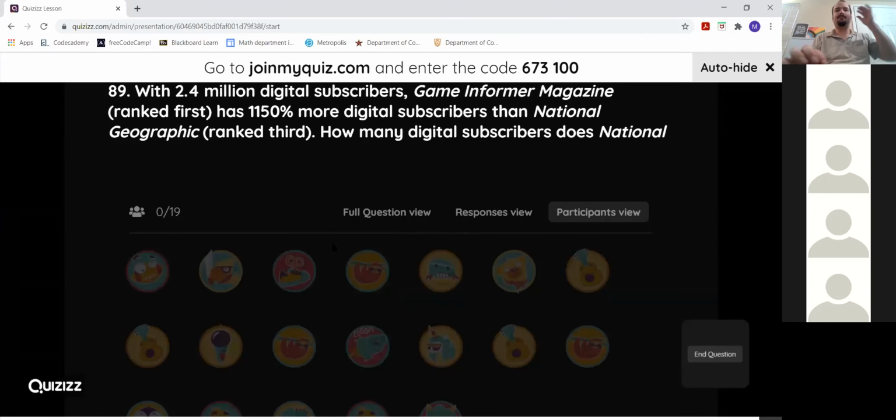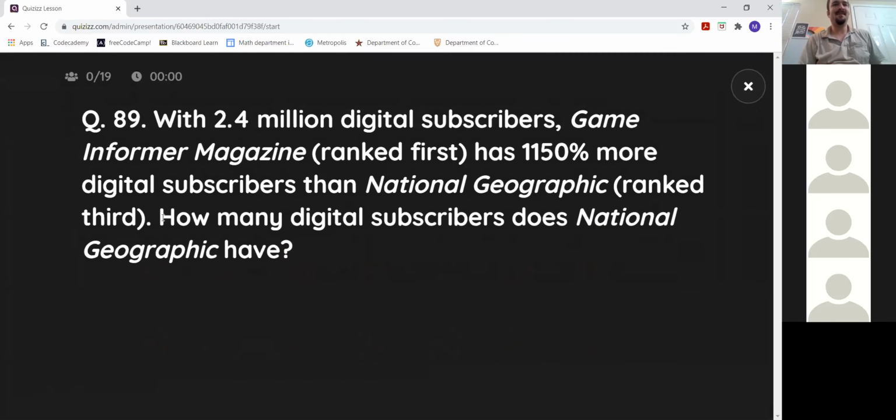Wow. With 2.4 million digital subscribers, Game Informer magazine ranked first, has 1150% more digital subscribers than National Geographic. How many digital subscribers does National Geographic have?